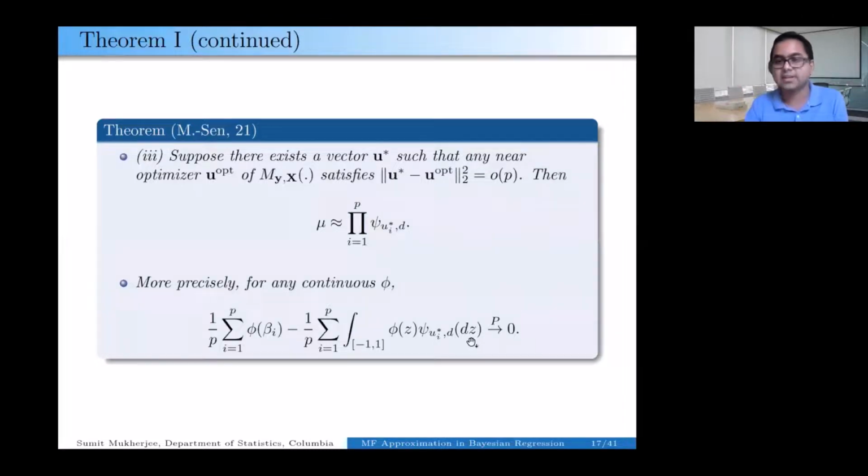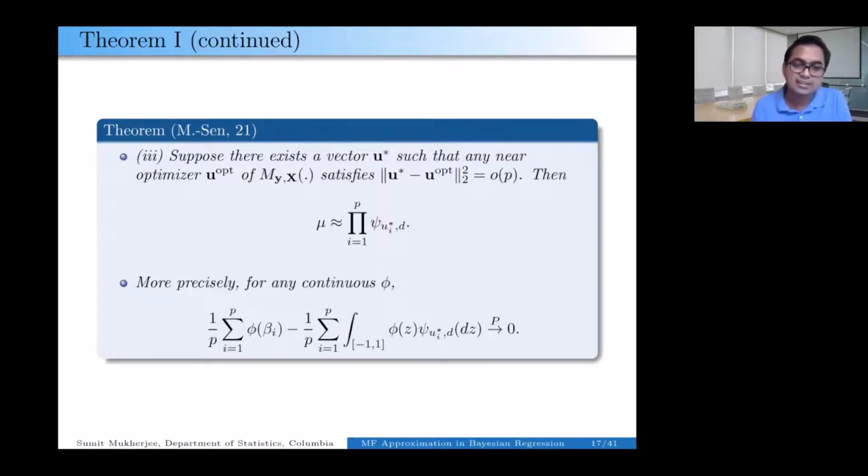So fix y and x, and this difference goes to 0. So we can say much more. We can say a law of large numbers. There will be no CLT. We are not there yet, but we can say something about the law of large numbers, if we can show that things are mean field and there is a unique optimizer. There is that assumption running around. There's an assumption in part 3, not parts 1 and 2.